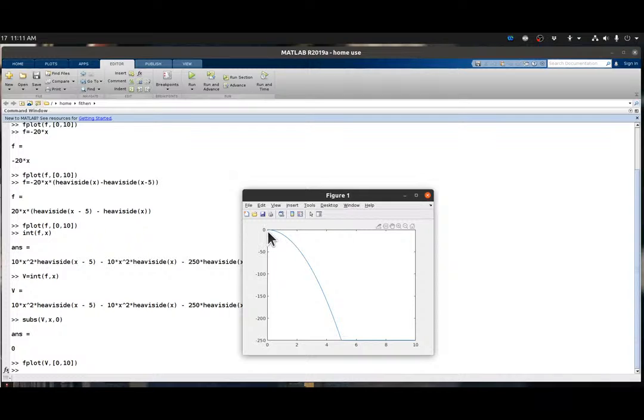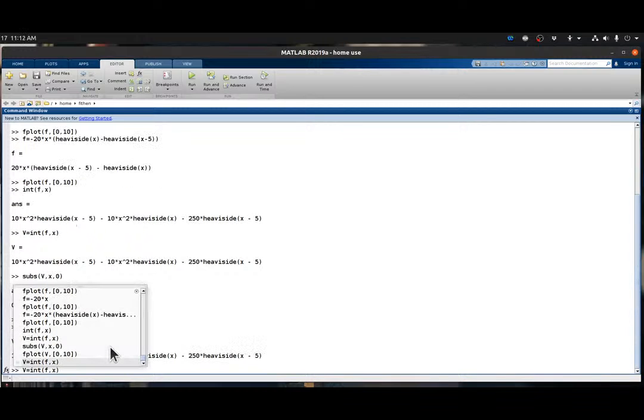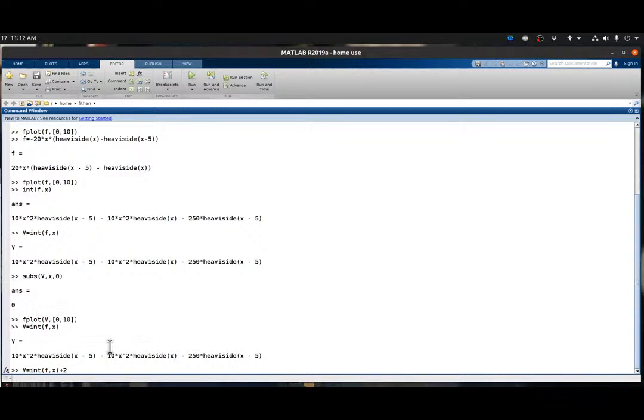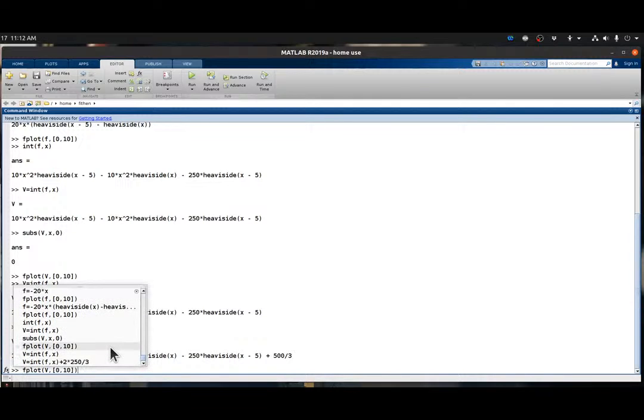On the left end, it says 0. That makes sense, but it's supposed to be 2 times 250. So here's my shear again. V is equal to that plus 2 times 250 divided by 3. Oops. Now I'm going to do a plot of the shear.